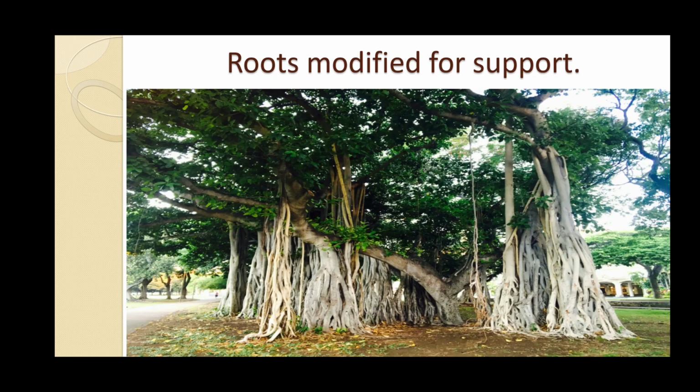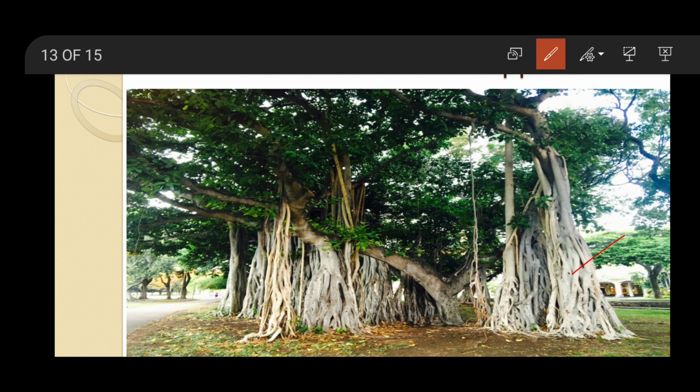So these roots arise from the branches of this tree and they act as pillars and prevent these long branches from bending downward, and such types of roots are called prop roots.